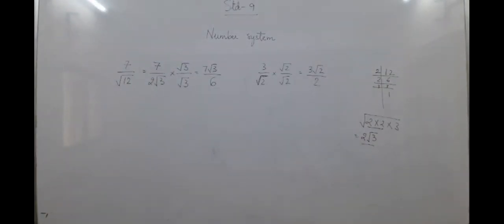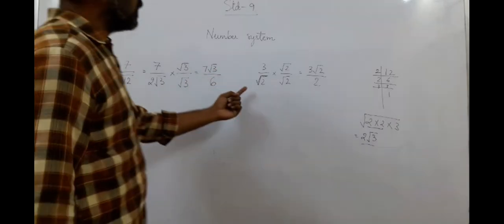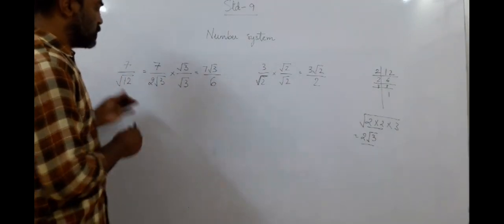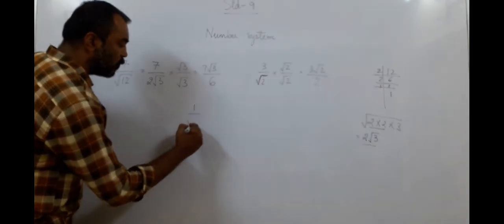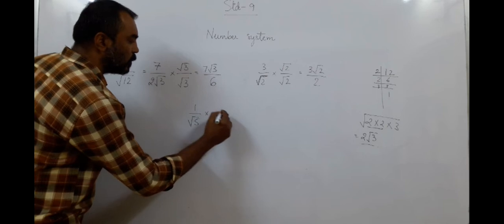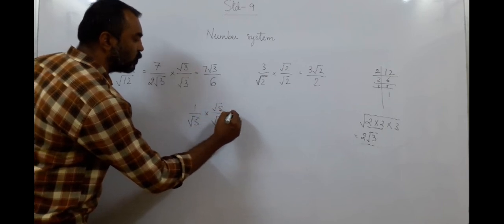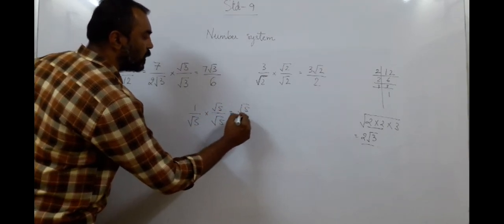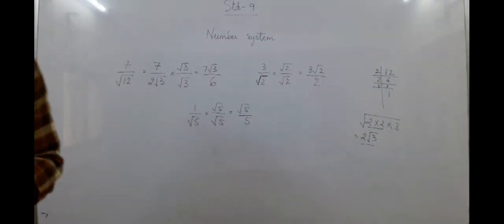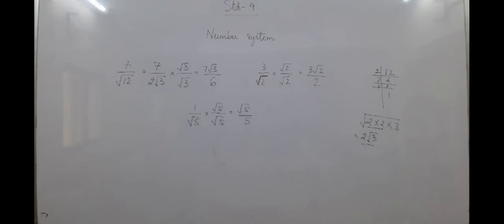So the denominator has been rationalized. So the rationalizing factor of root 2 is root 2, of root 3 is root 3. Similarly, of root 5 will be what? Root 5 only. Because only root 5 can rationalize root 5. So we have this root 5 upon 5. We have rationalized the denominator in all the three cases.